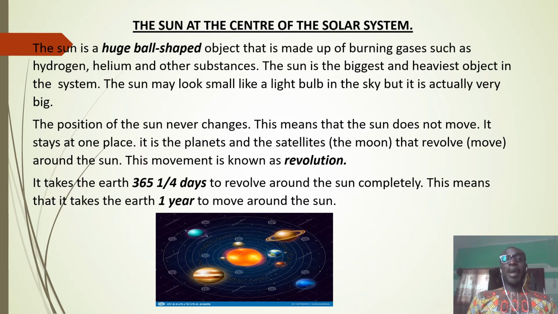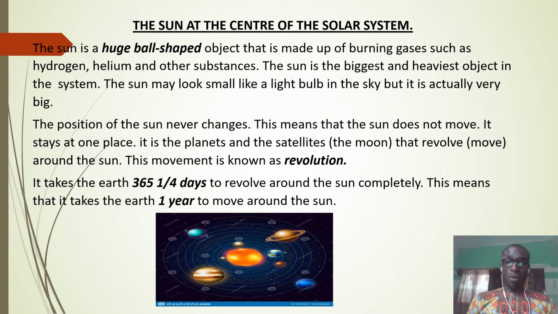It takes the Earth 365 1/4 days to revolve around the sun completely. That is how long it takes the Earth to make a complete movement around the sun.